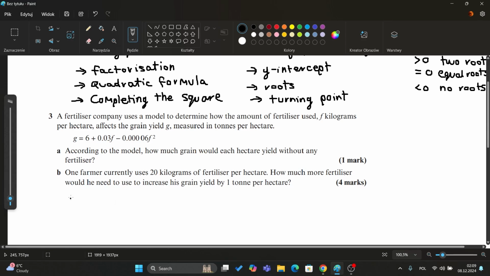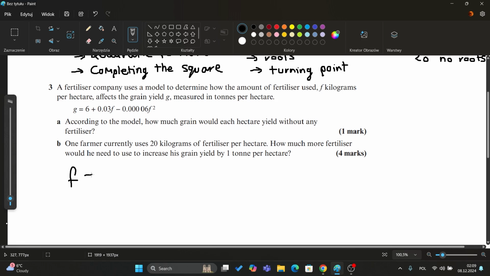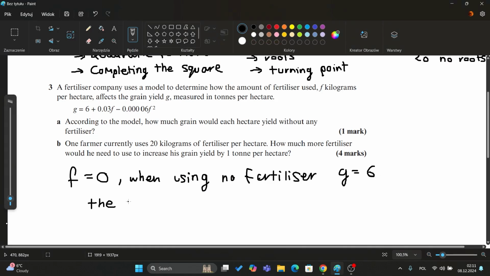So if we used zero fertilizer, that is when F equals 0, so when using no fertilizer, G equals 6, the hectare will yield 6 tons.